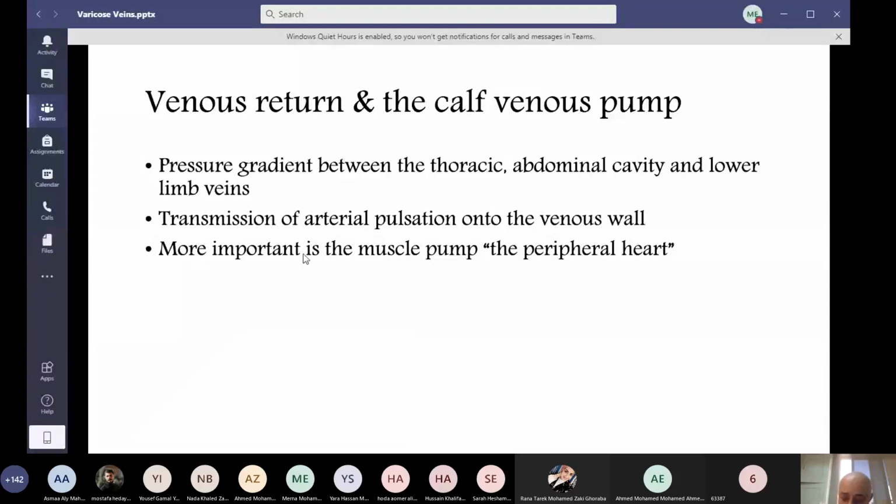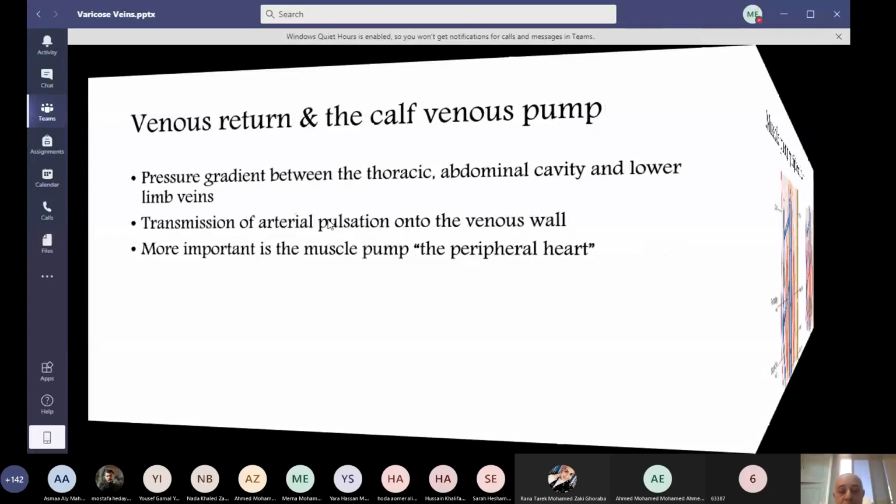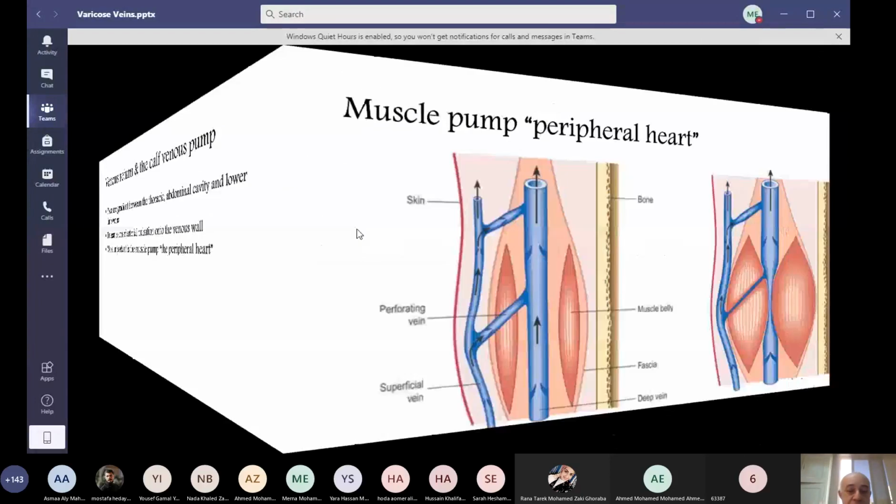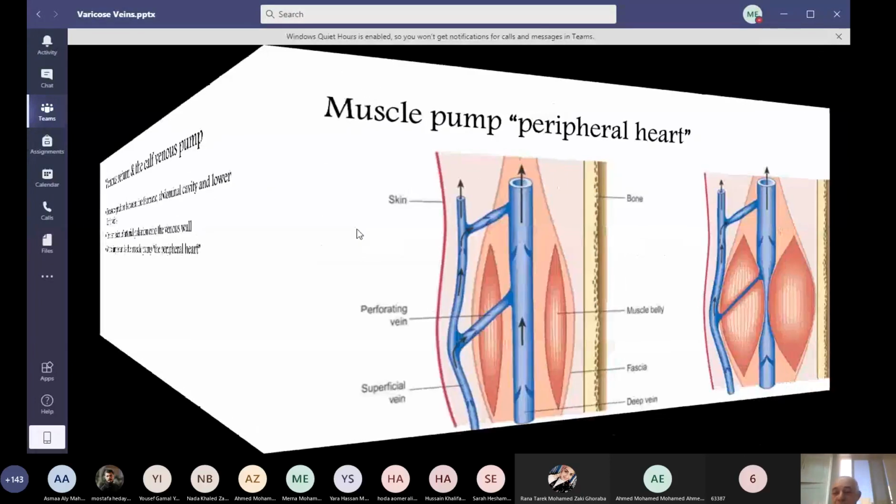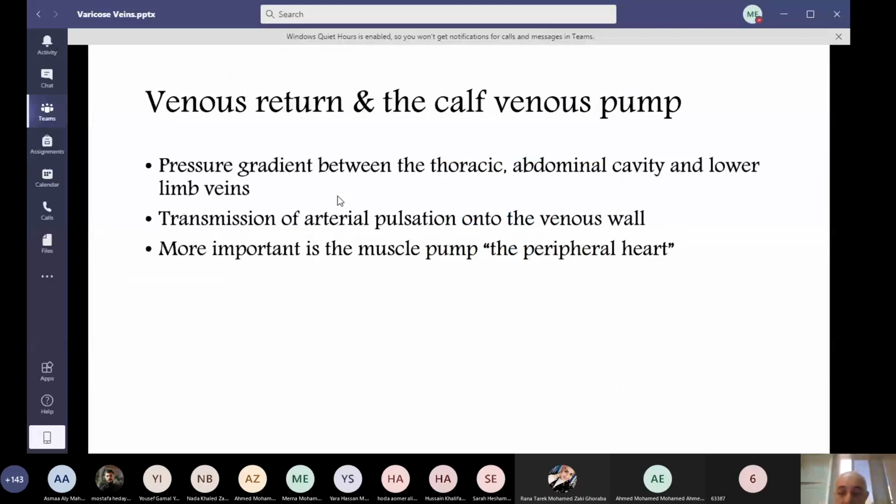Other factors contributing to a lesser extent to the venous return are the pressure gradients between the thoracic abdominal cavity and the lower limbs, where the pressure in the thorax is negative and in the lower limbs is positive. This pressure gradient favors the passage of blood from the lower limb upwards to the thorax.